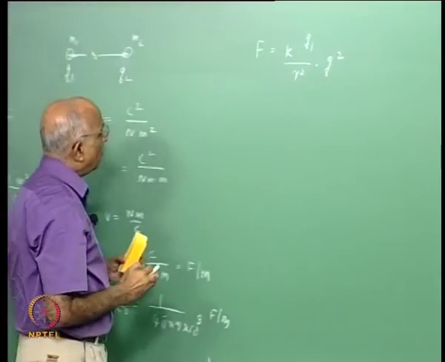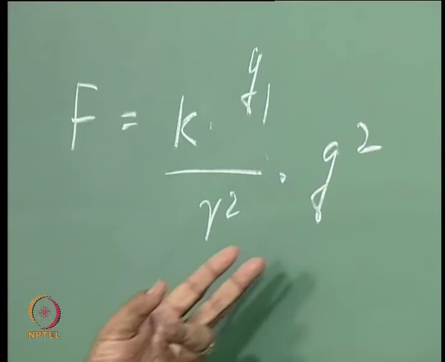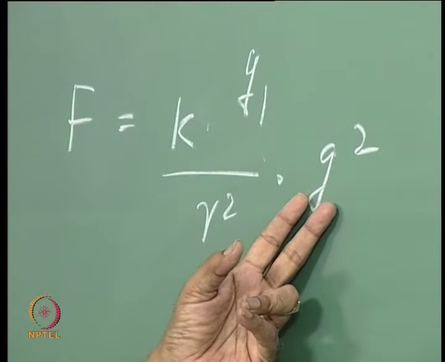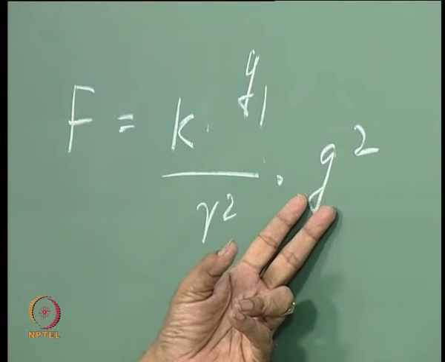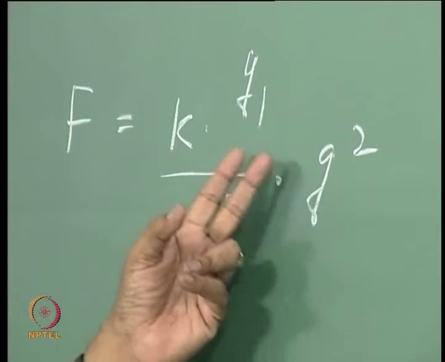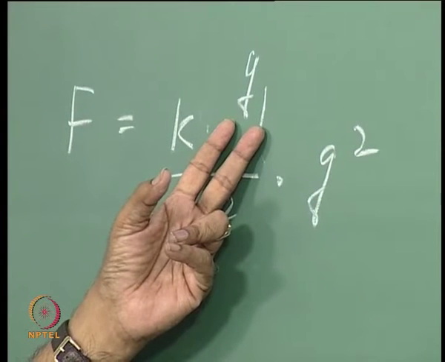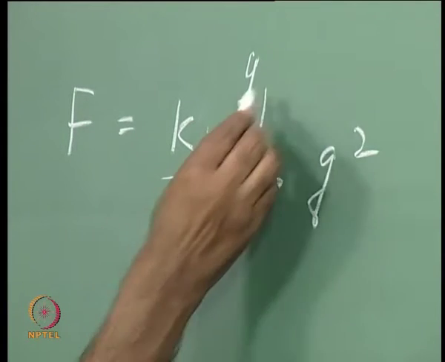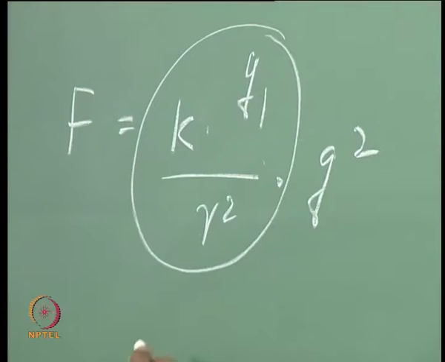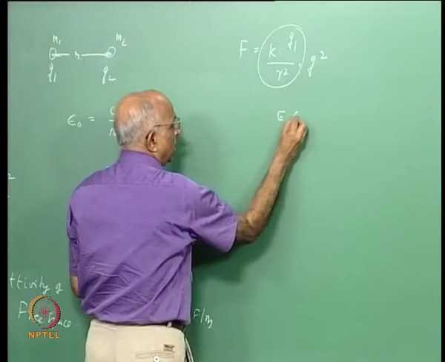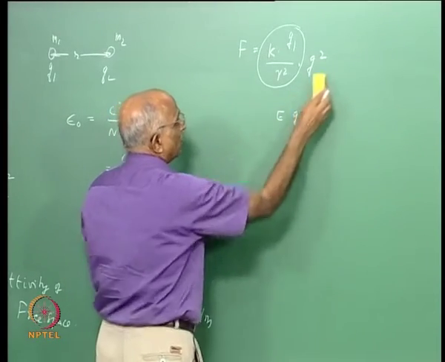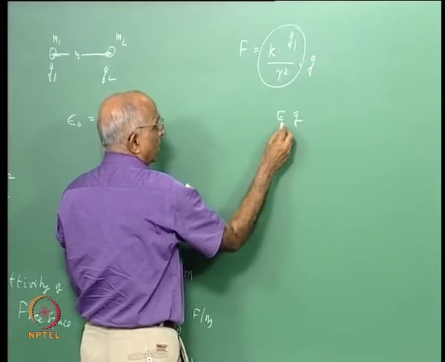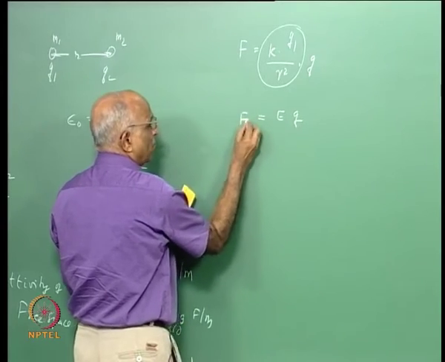Or rather now I am telling myself, supposing I were to put a charge q in an electrical field, I have still not defined an electrical field, in a field in which I have a charge already q1 available at a distance r, and I say, well, this is something which tells me something like a field which is available. I put a charge there, I am sorry, there is no q square here, F is equal to k q1 q2 by r square. Therefore, E q is equal to something like a force.